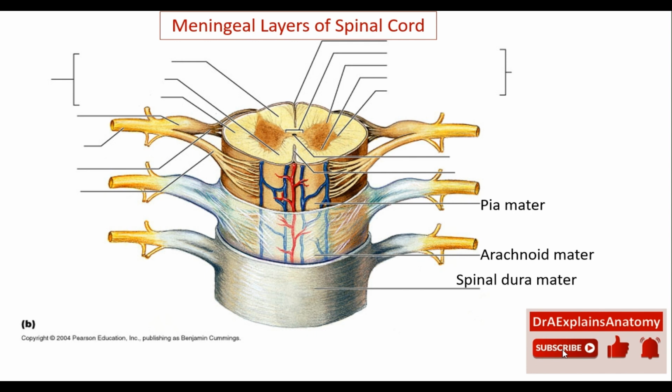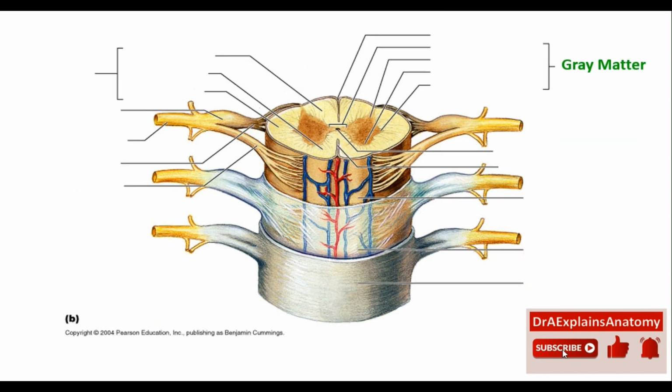Moving to the structures of the gray matter. First, it is very important to identify the anterior from the posterior aspect of the spinal cord. You can pick any unique structure, whether on the anterior or the posterior aspect.